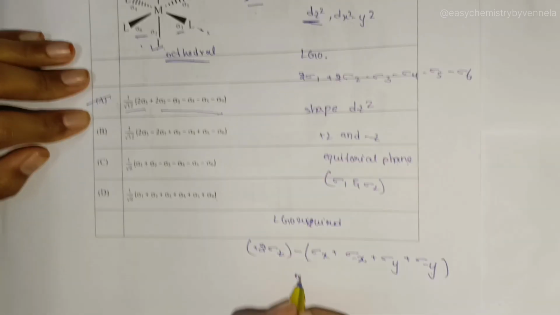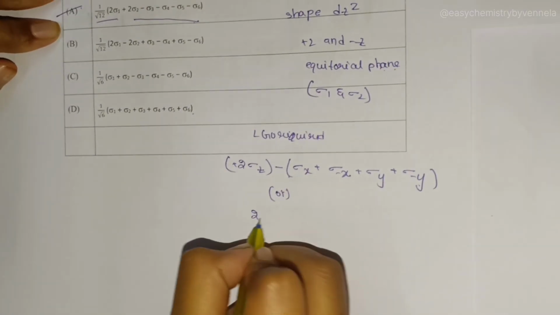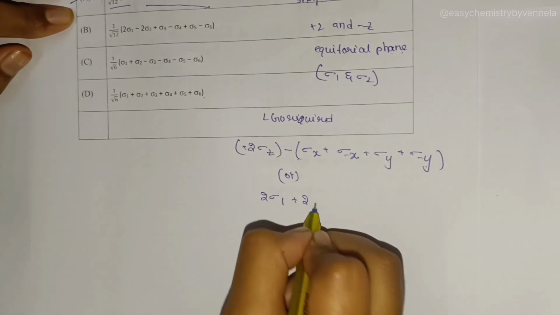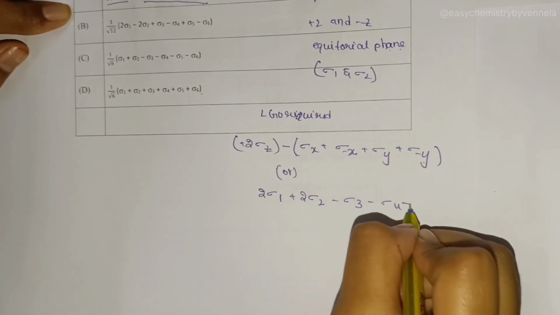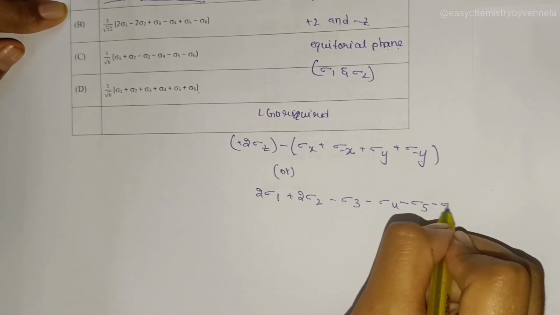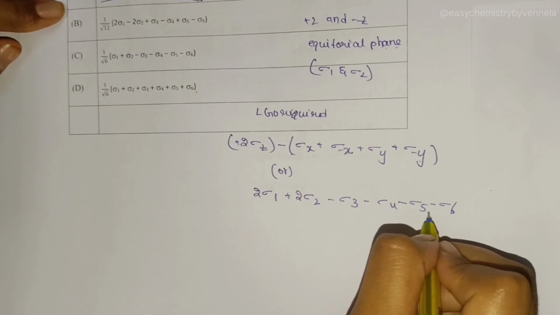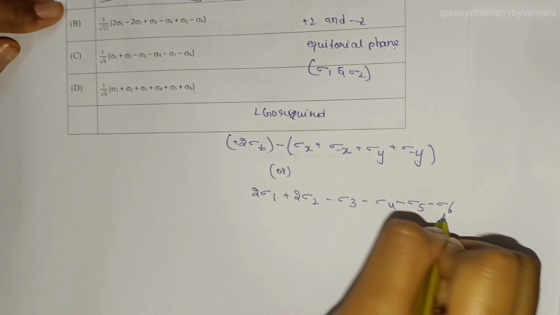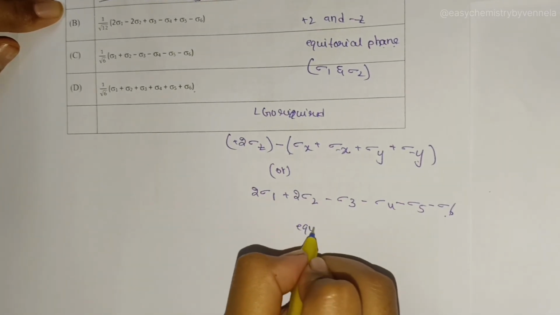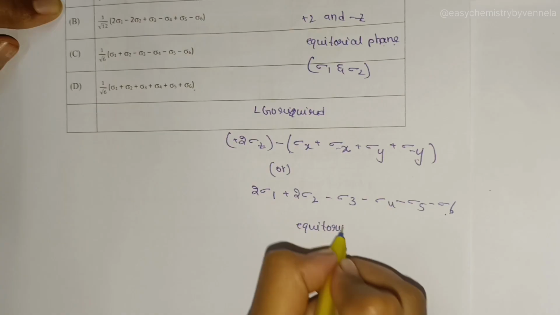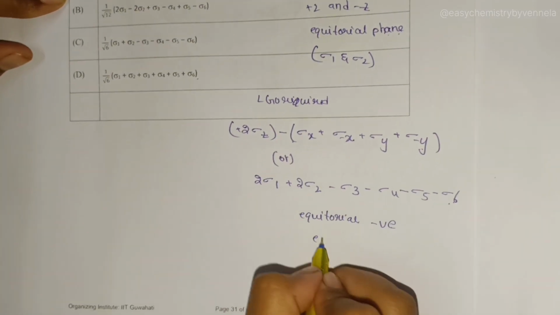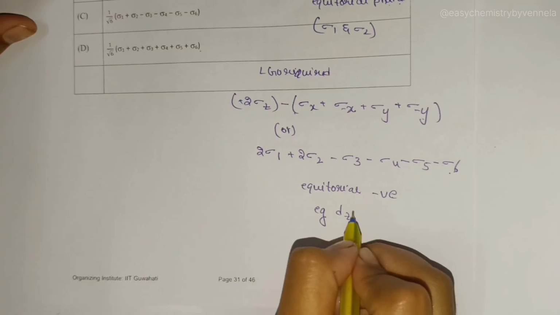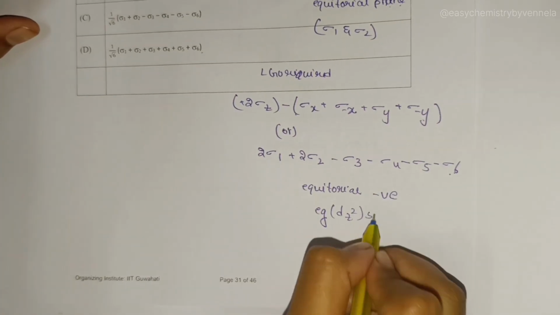Or you can also write it like this: 2 sigma 1 plus 2 sigma 2 minus sigma 3 minus sigma 4 minus sigma 5 minus sigma 6. The axial ligands are opposite and stronger. The equatorial is negative. So the corresponding Eg is dz square symmetry.